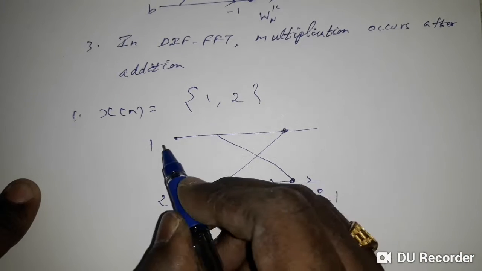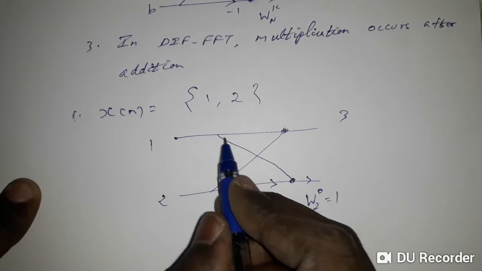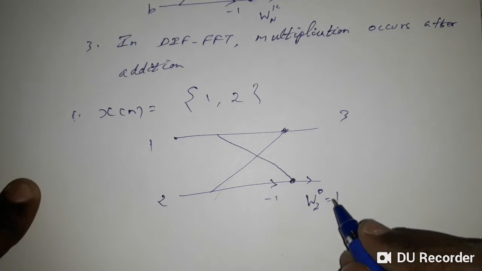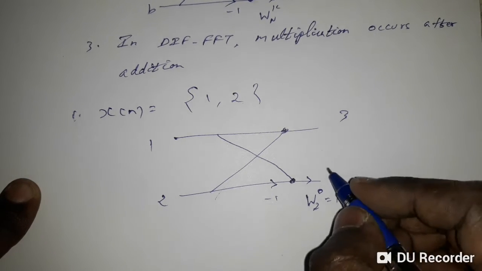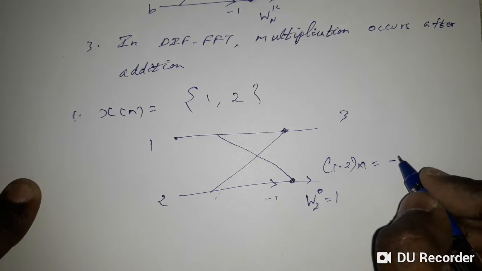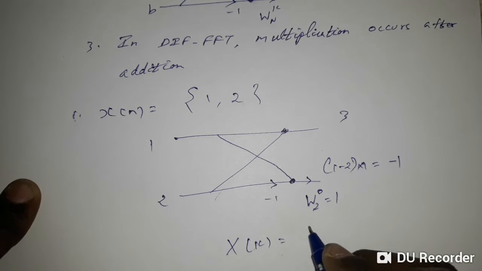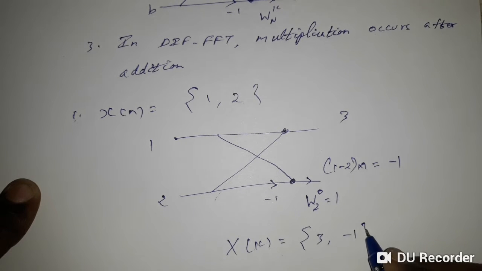Okay, so in this plus we will get 1 plus 2, that is 3. And here 1 minus 2, multiplied by 1, so the answer will be minus 1. So the answer X of k is equal to 3, minus 1.